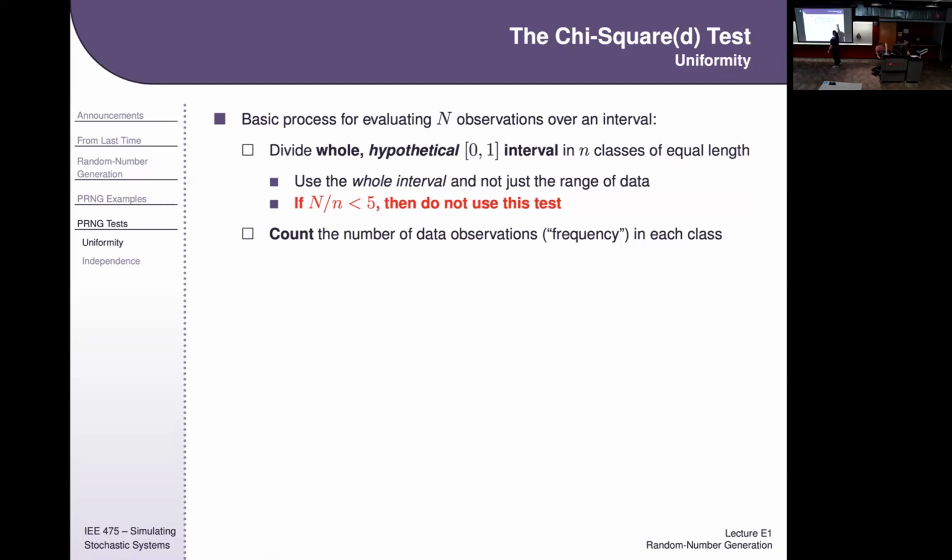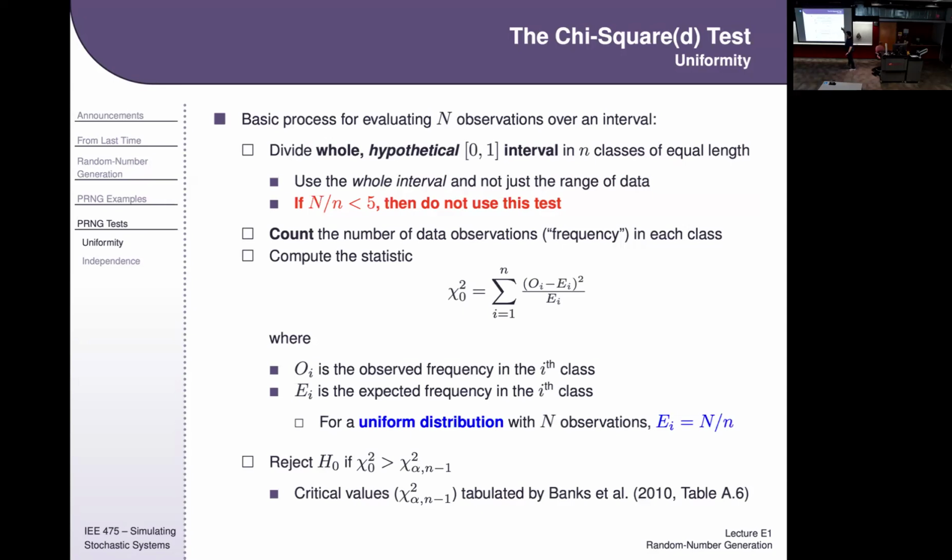Count all of your observations in each bin, and then we'll go over this again next time. Calculate this statistic. Hopefully this will be review. Observed, that's how many I actually got in the bin, minus my expected. So in my previous example, this will be 200 for every bin because it's a uniform. So for a uniform distribution, the expected number is this number for every single bin.